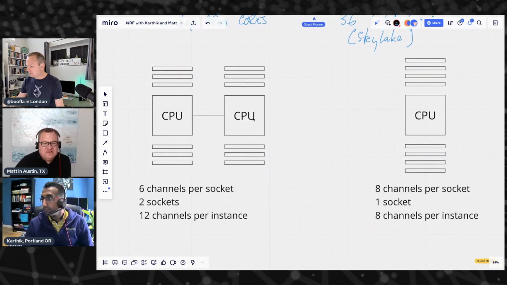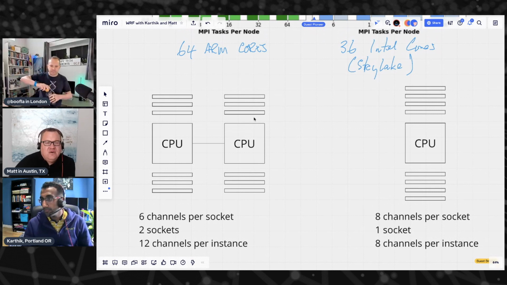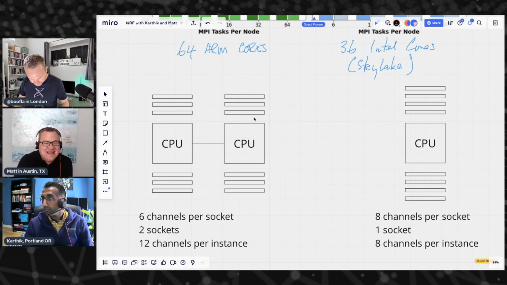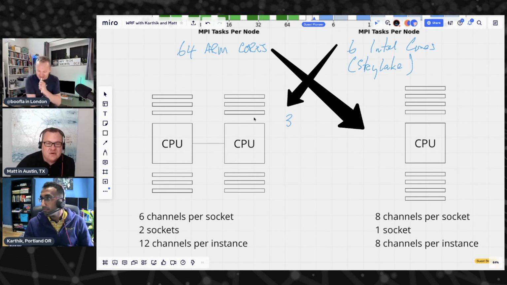one of the characteristics of numerical forecasting codes is that they're known to be memory bandwidth intensive. I've helpfully confused you probably by putting these on opposite sides here. But the ARM processor on the right side is one socket and it has 8 memory channels, feeding into 64 cores.